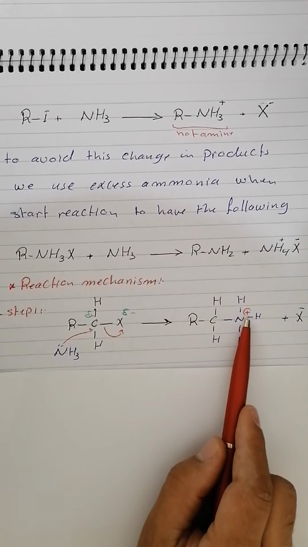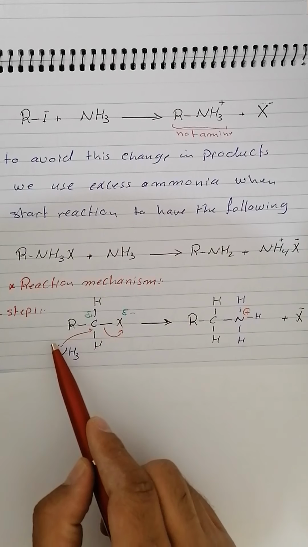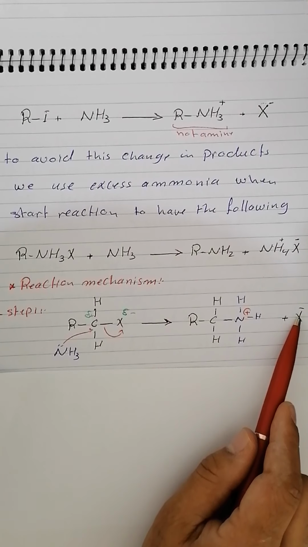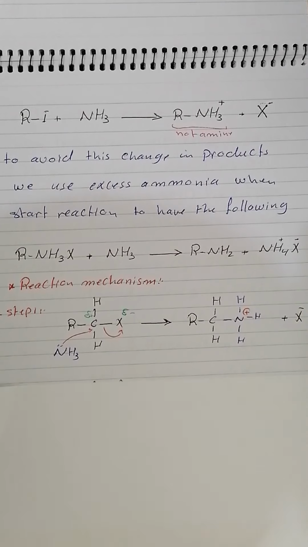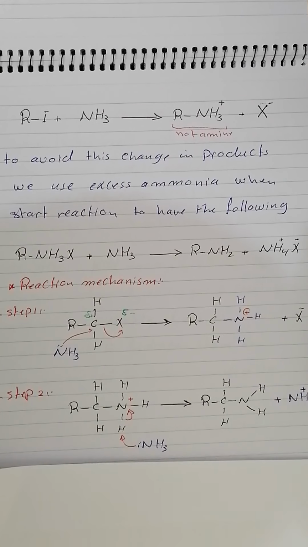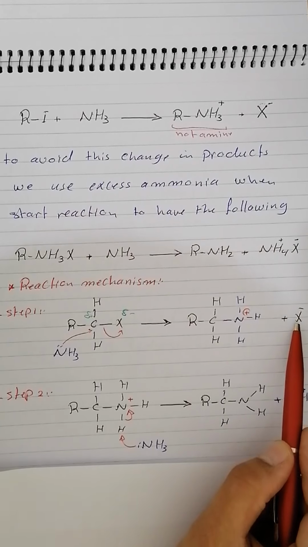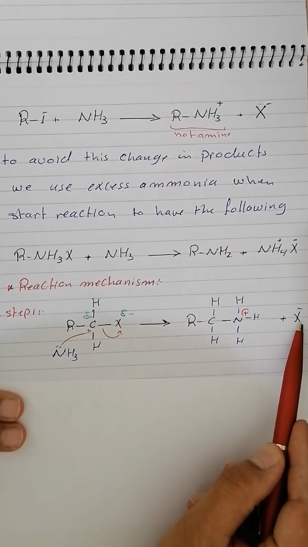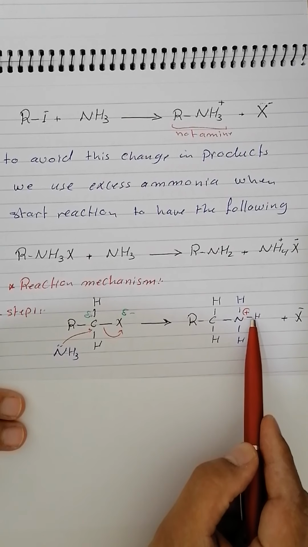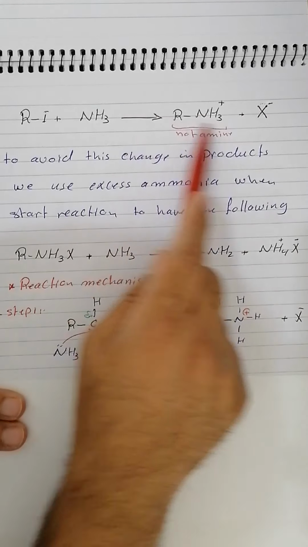What is the positive charge? It's on nitrogen, because the nitrogen donates its two electrons, and the negative halide will react again to give this product. But if there is no excess ammonia, if we don't have this step, this negative halide will bond to this structure to give this product.